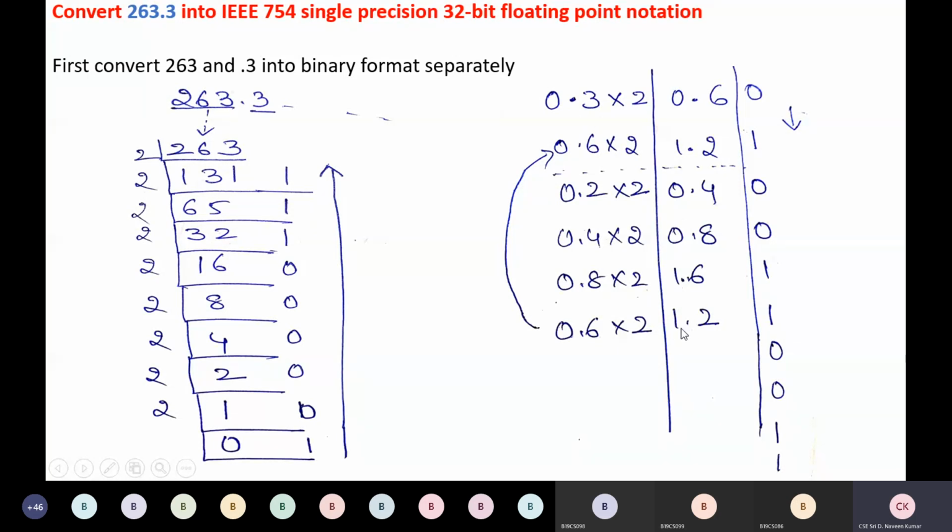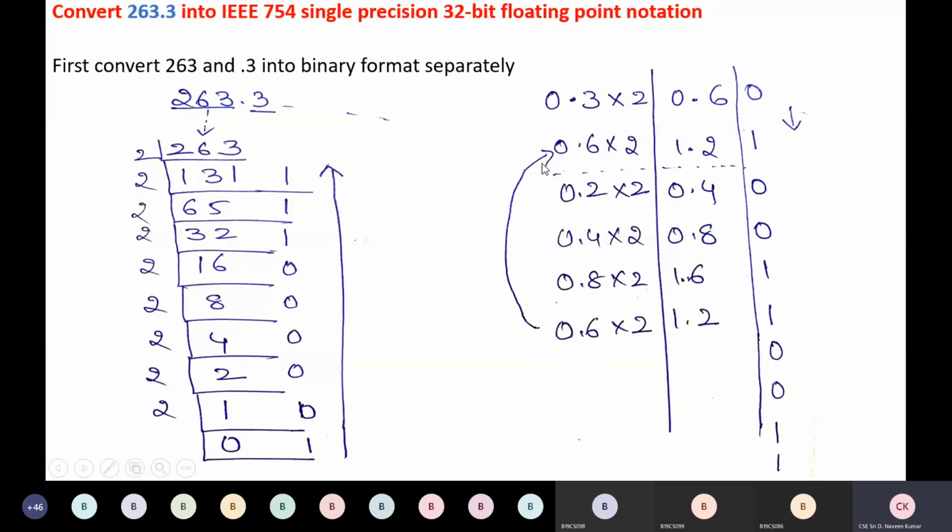I get 1.2, and you can see this step has repeated. So the remaining steps also repeat again and again. After this, we will get the same steps, and the numbers will be 0 0 1 1 and so on.